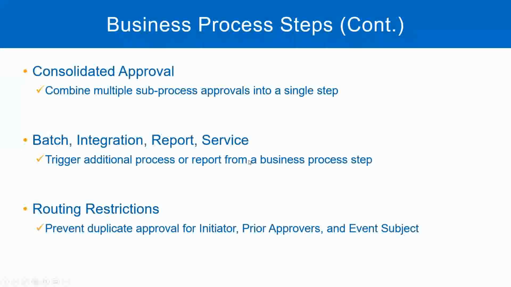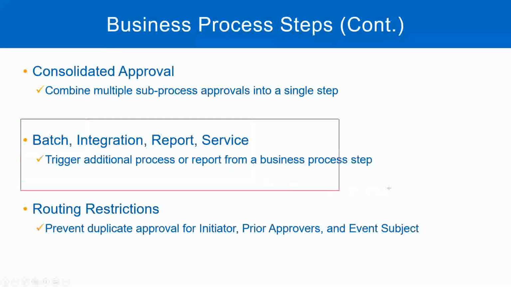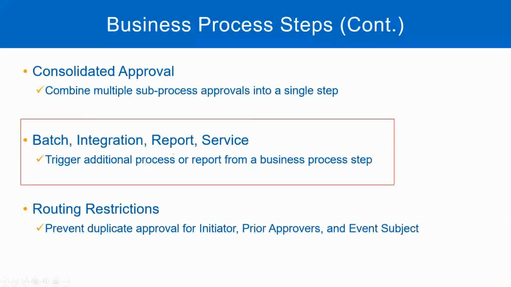So there are some other types of tasks that we can also have from within a business process, like a batch, an integration, a report, or a service. We can trigger all of these from within a business process. You can trigger an integration. You can trigger a report or a service. We will see this. We will use this a lot when we are talking about integrations.